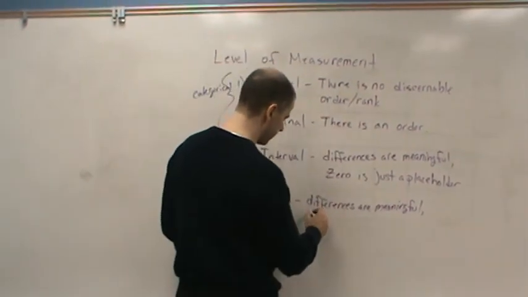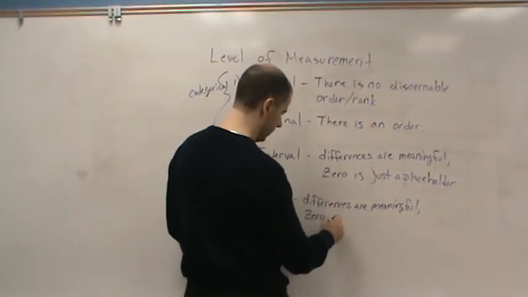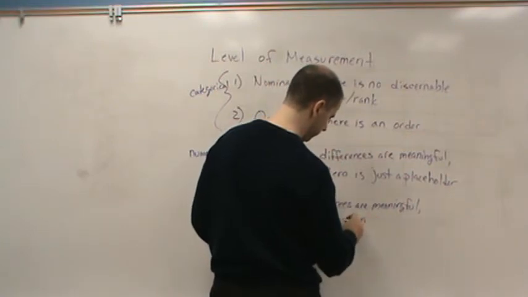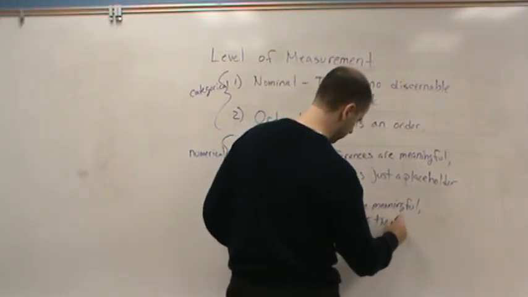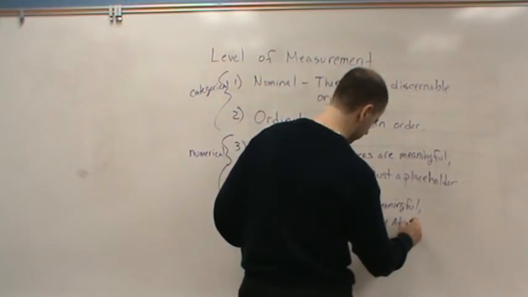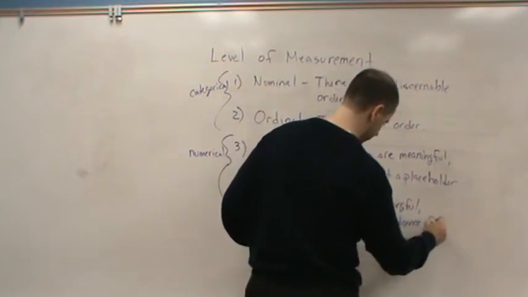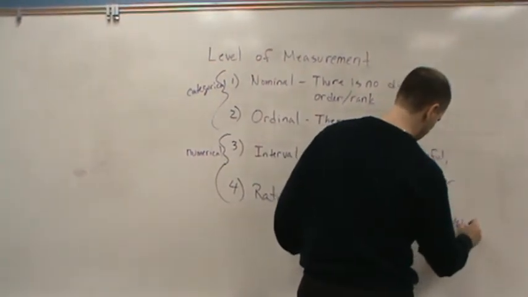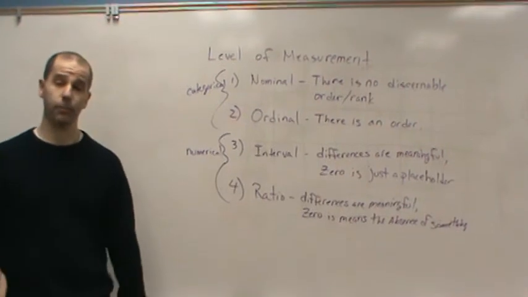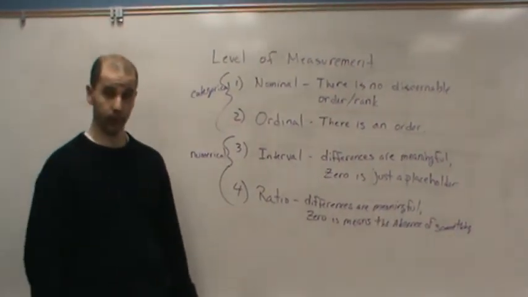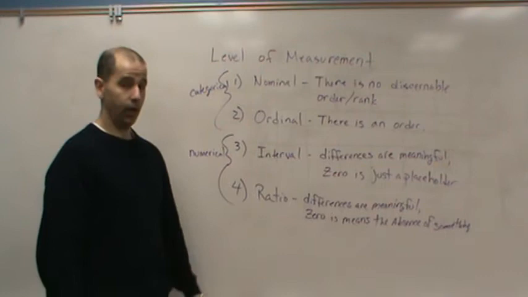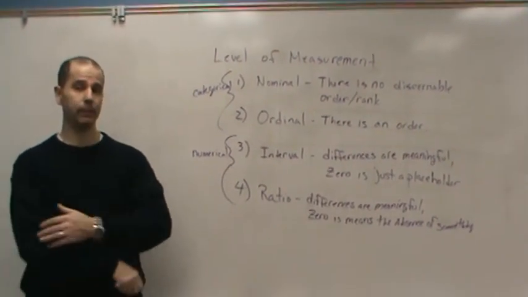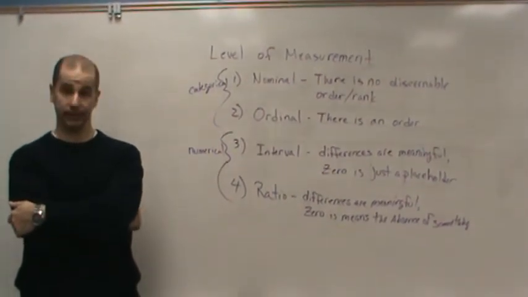And in this case, 0 is meaningful. So, in other words, 0 does represent the absence of something. Okay? So an example of something that would fall into this category, where 0 would be meaningful, is weight.